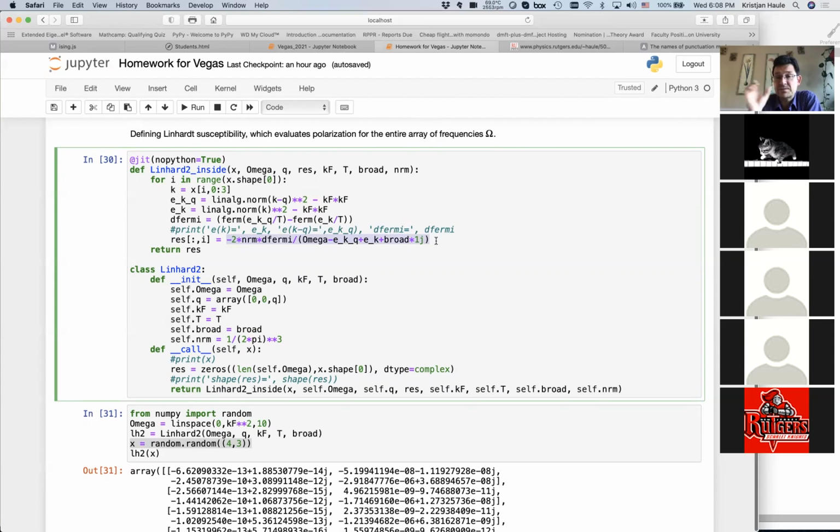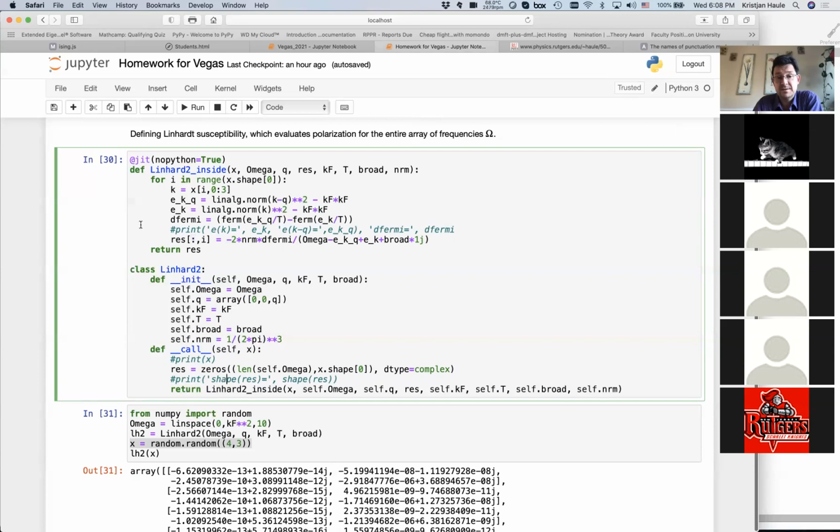So when we evaluate this, we evaluate for all the frequencies at the same time, the entire array, and then we set it properly into the result, isn't it? So we are iterating here over the batch of random numbers. I is the index for the random number, and then this first index in the results is actually the index for frequency, and we set the entire array simultaneously into the reserved memory, and then we return this.